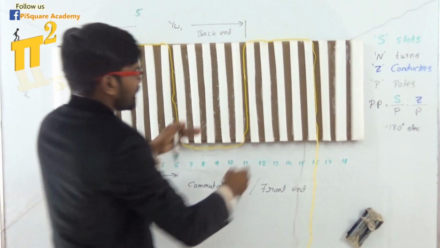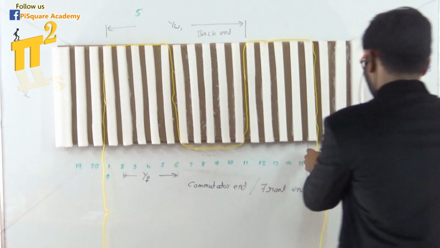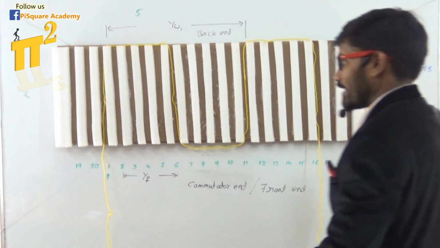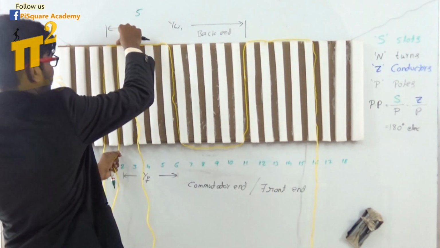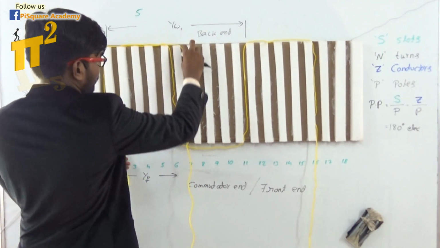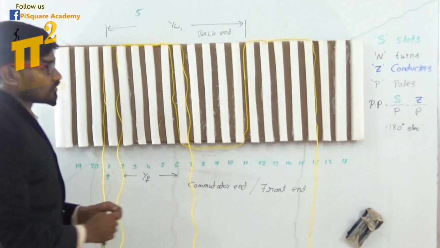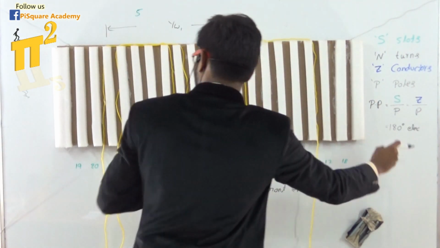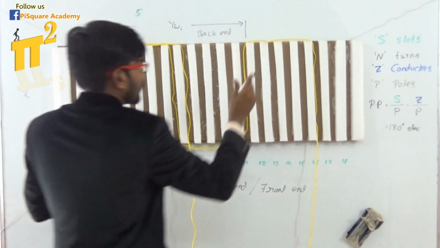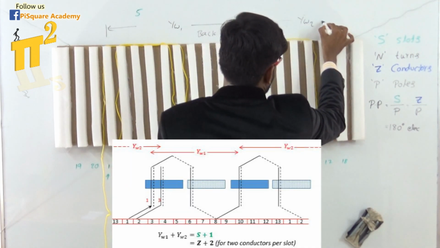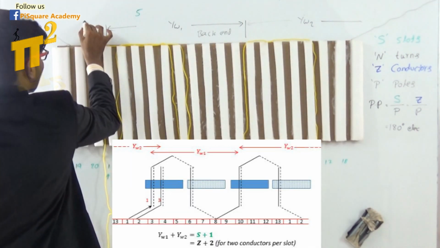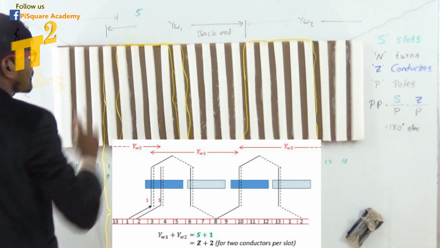And we have here a back pitch, and again there will be a front pitch that will carry somewhere over here maybe. So this is a back pitch, another front pitch is here, and that will give us another winding pitch till this.